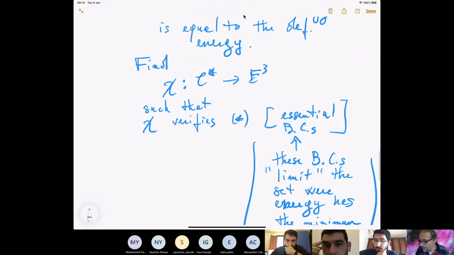So the boundary conditions which we are imposing, telling that the placement is given in some parts of the boundary, these boundary conditions determine the domain of the functional. So the set where you are looking for minima.